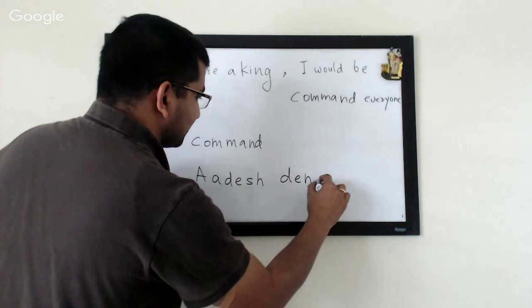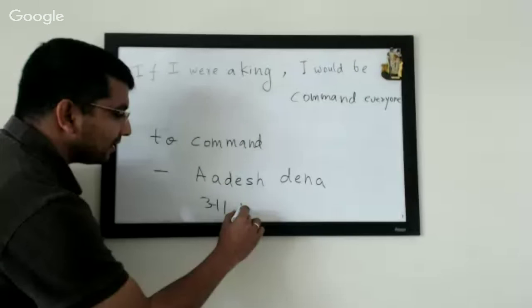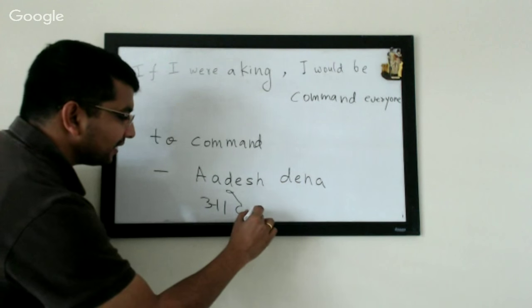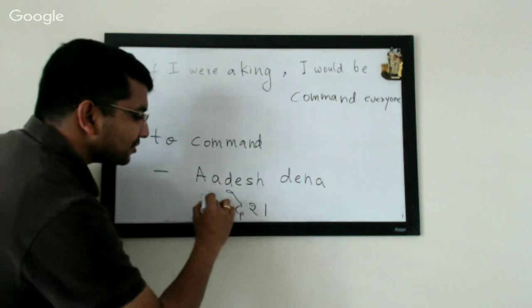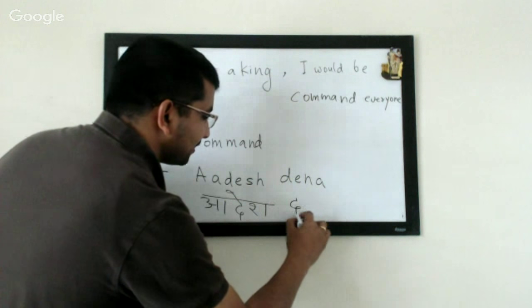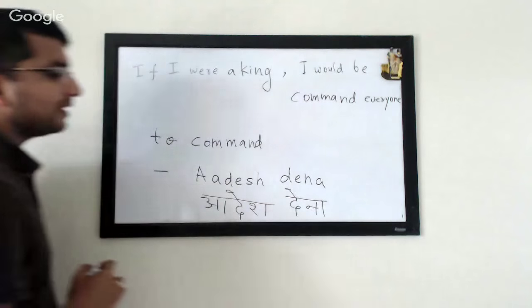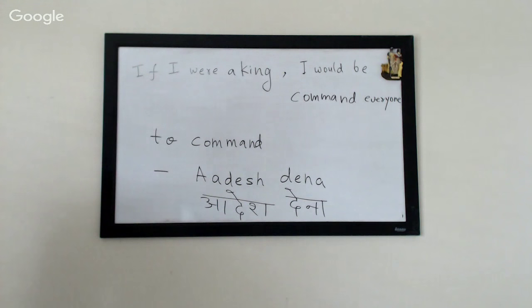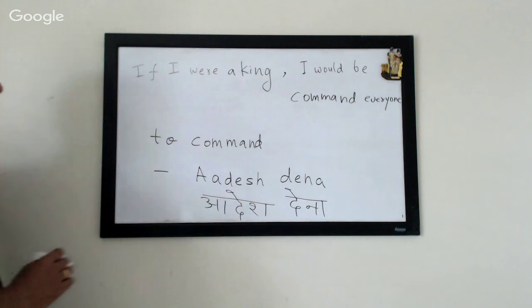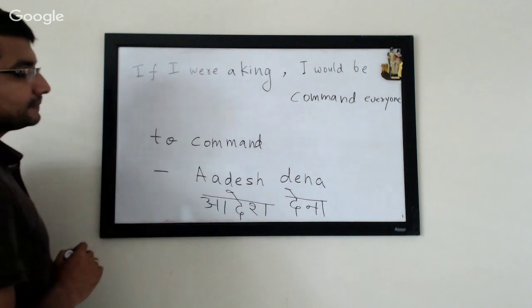So you have a, the with a, sh, आदेश देना. So in this case, your dena becomes data or deti.